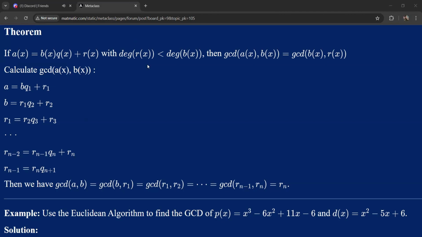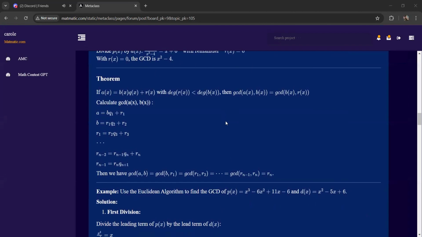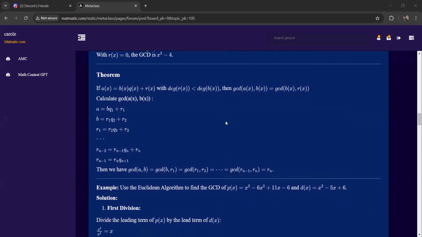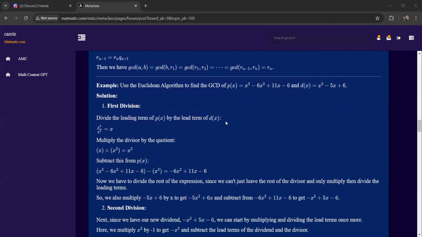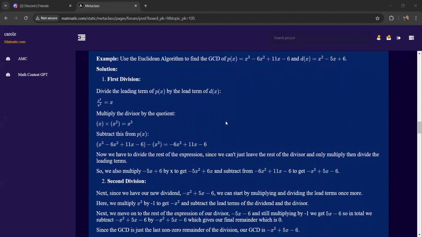Okay, guys, it's been like 3 minutes, so I'm gonna start explaining the solution. Okay, so essentially there's a really long solution here, but here we can just use polynomial long division again.